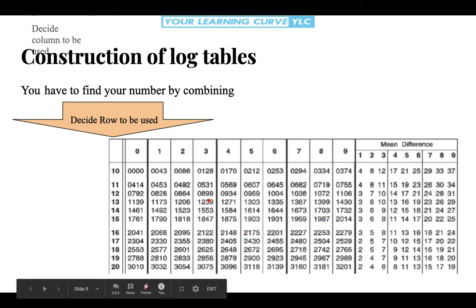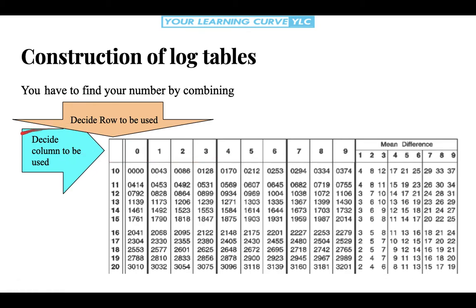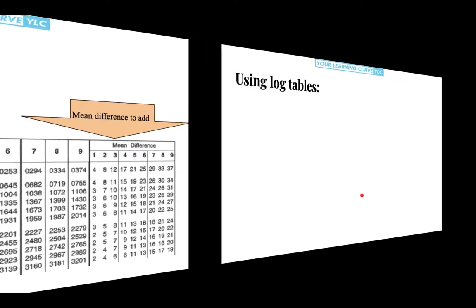After deciding which row to use, you decide which column to use. After finding the row and the column, we get a value. We note down this value, then we proceed forward in the same row, and we get the mean difference. The corresponding mean difference we note down.